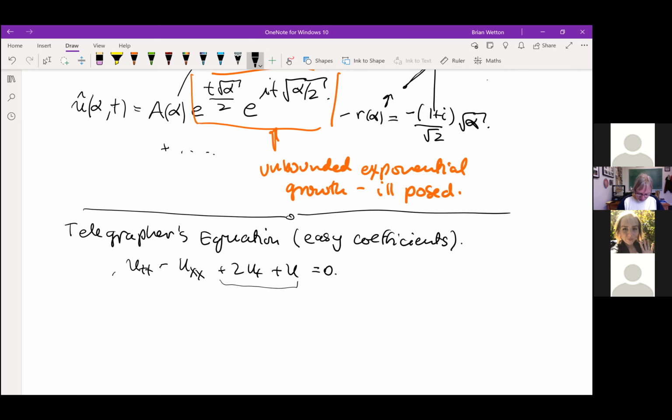And when I do the Fourier series, this is a time derivative. This is the diagonalized thing. This is still a time derivative, and this is just a coefficient.